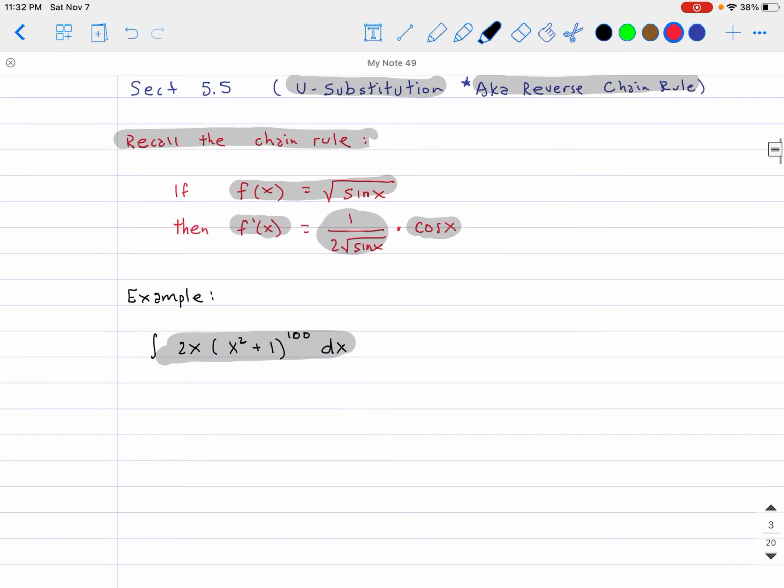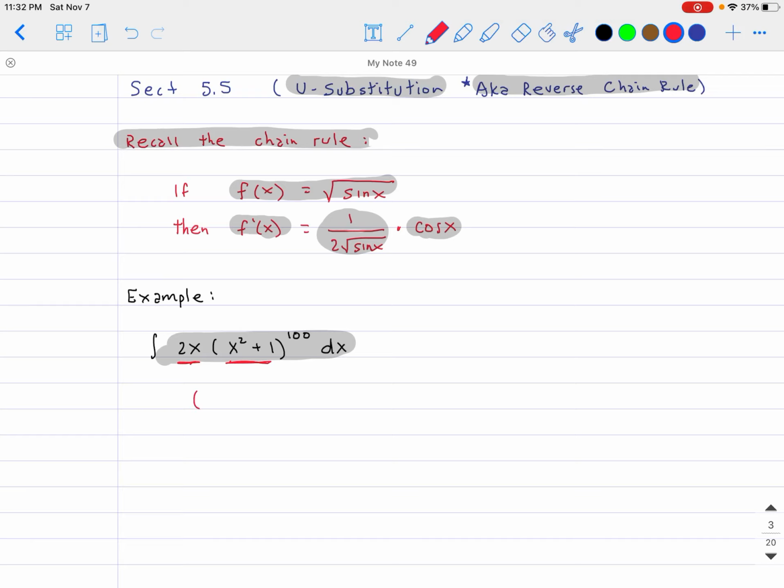So here, I like to think of it this way. Look at the inside right here, x squared plus 1. Now, if I were to think about the chain rule, taking the derivative, then the x squared plus 1 is going to produce, through the chain rule, the 2x, and that is what's over here. So if you connect the two together, I'm going to say the following.